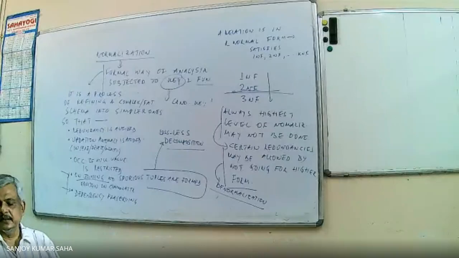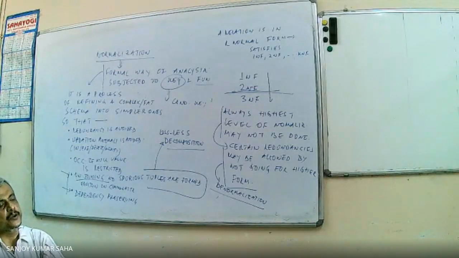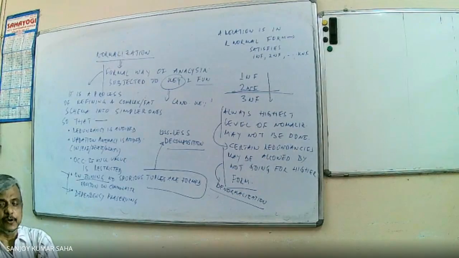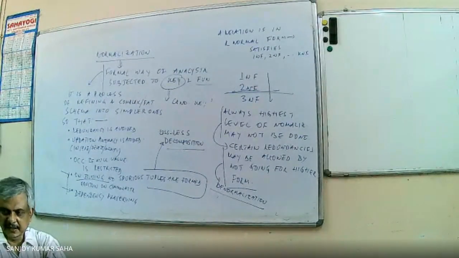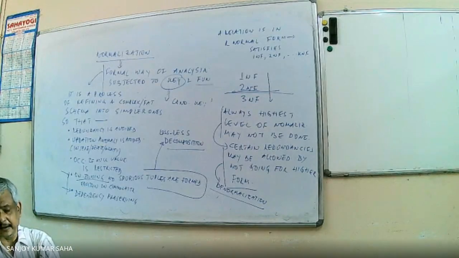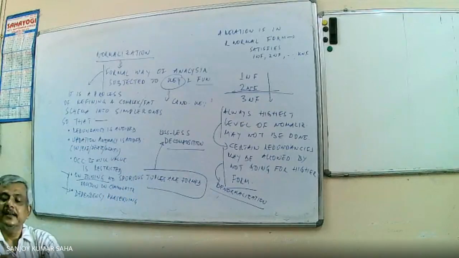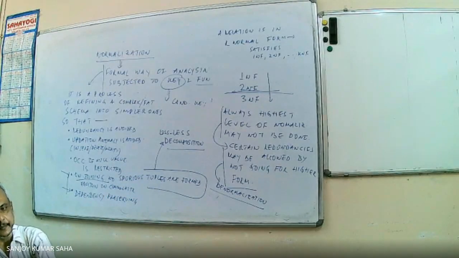If we allow some redundancy, and our frequent requirement is such that getting rid of the redundancy means frequently going for lots of other computations and operations, then if the rate of service becomes important and I should be able to respond in a very rapid manner, I may like to avoid those computations or gathering information from so many places. Rather, despite the problems of redundancy, I may like to put everything together. So some redundancy we may allow for that. If it was possible to go for a higher level of normalization but we are keeping ourselves at the lower level, it is known as denormalization. So denormalization, for practical purposes, sometimes may be required.